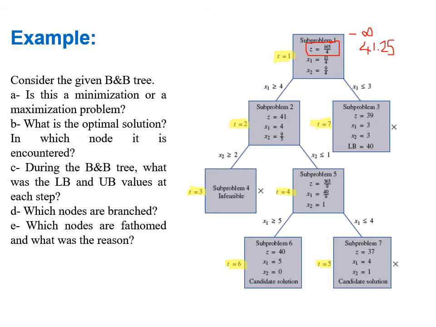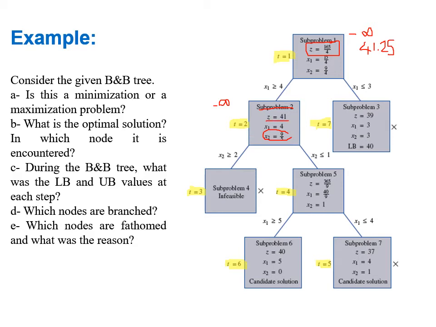Then secondly, we explore subproblem 2, and we couldn't find an integer feasible solution because x2 is non-integer. Therefore, the lower bound is still minus infinity, and the upper bound comes from the parent bounds of the unexplored nodes.